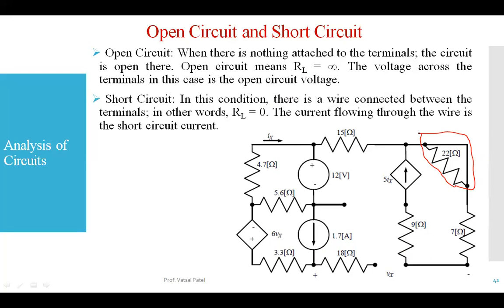Now what do you say, in which path is the current flowing, or likely to flow most: through the 22 ohm resistance or through that short circuit link?